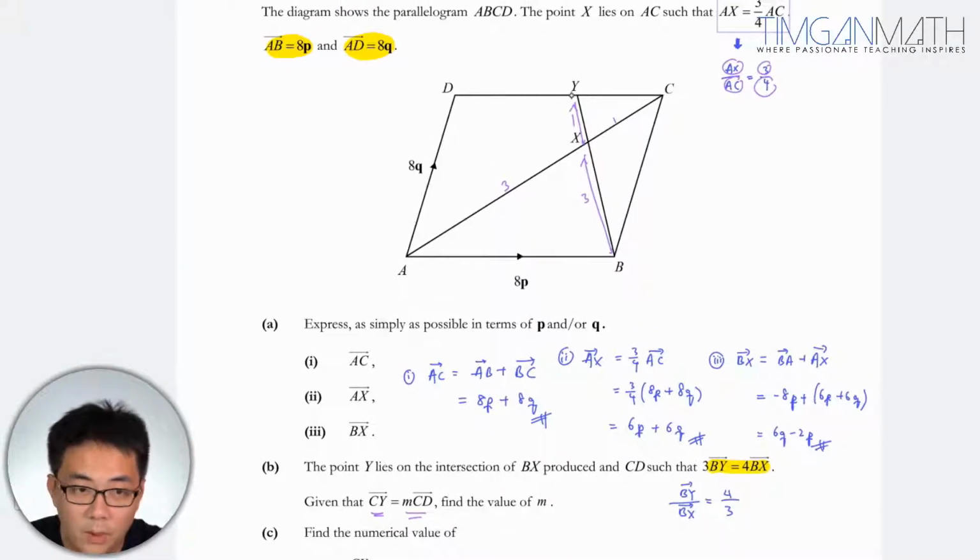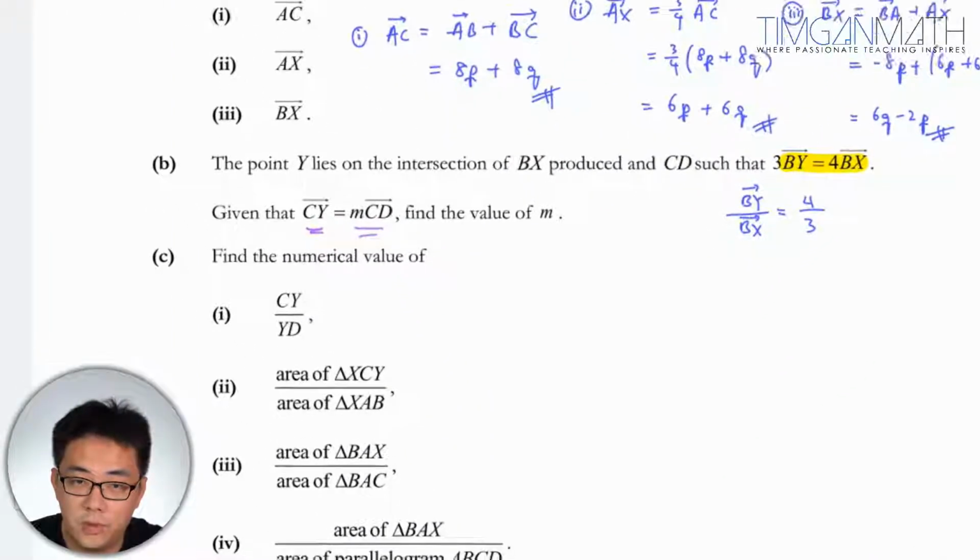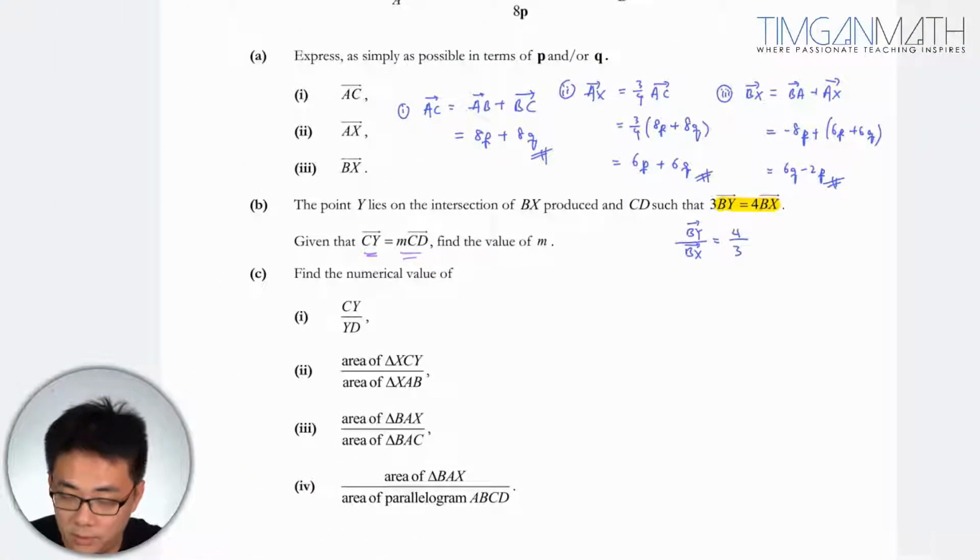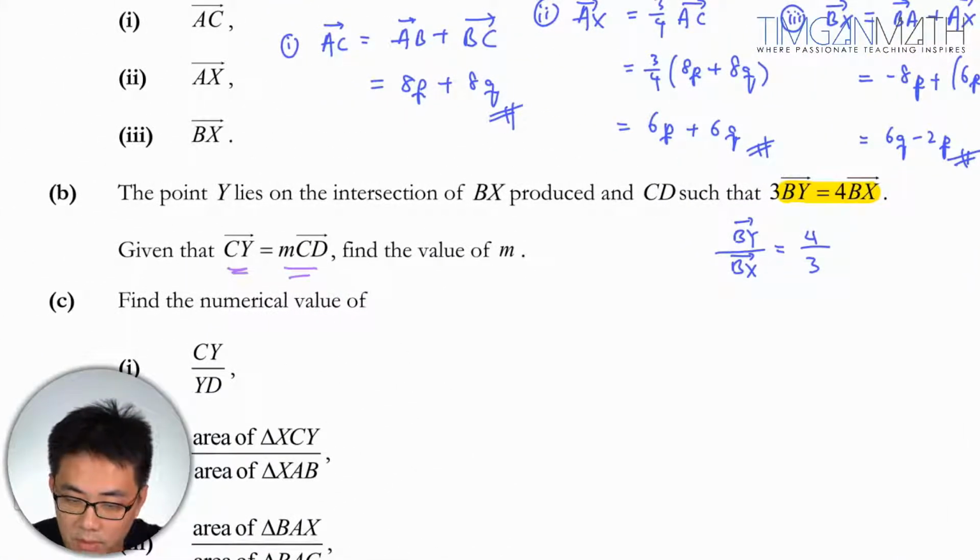In order for me to find Y, I could use BX, because we already have BX here. So BY is equal to 4 over 3 BX. I'm going to write this down on a new paper.